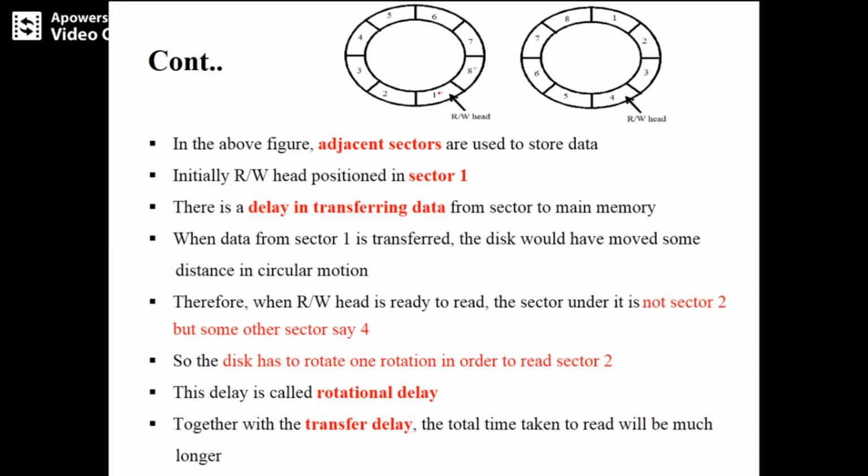Assume sector 1 has record 1, sector 2 has record 2, sector 3 has record 3 and so on. All these are adjacent sectors, from sector 1 through the 8th sector. Initially the read-write head is pointing to sector 1.